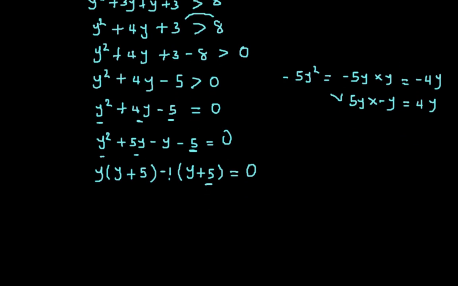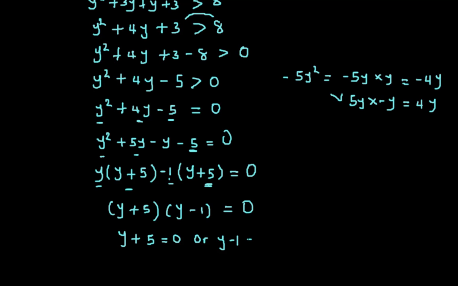Does this make sense? Since y plus 5 is common, we are going to pick one y plus 5, and then we'll be having y minus 1 equals 0. So it means that y plus 5 equals 0, or y minus 1 equals 0. If y plus 5 equals 0, it means that y equals minus 5, because plus 5 will go to the other side, or y equals 1.